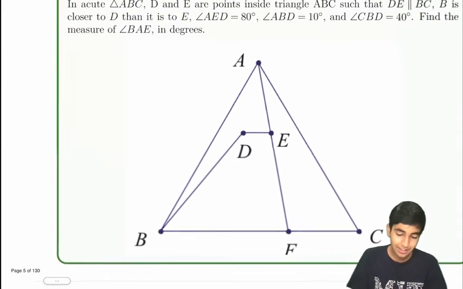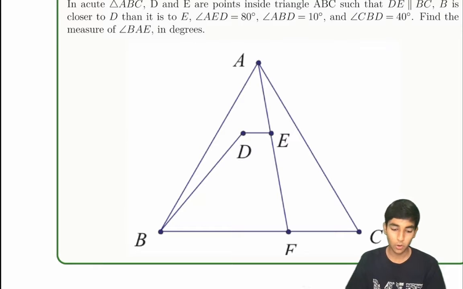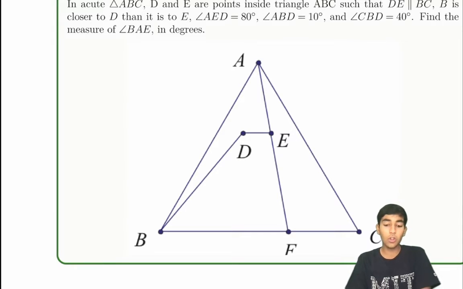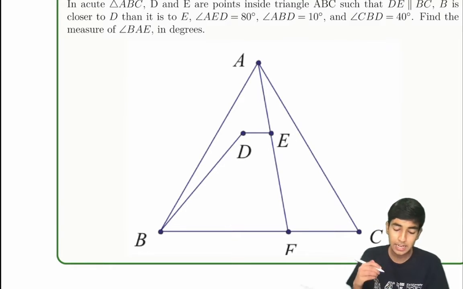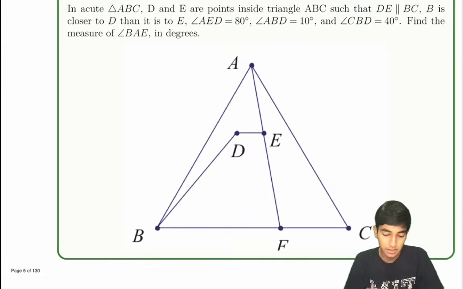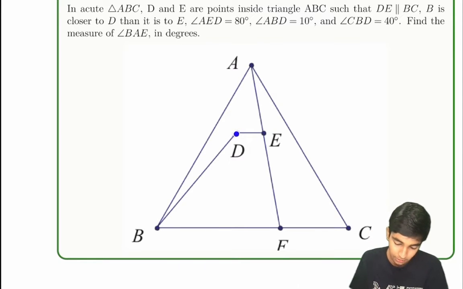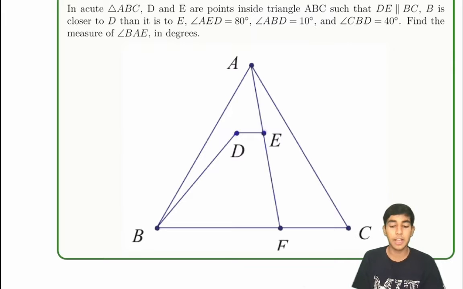Okay, let's try a slightly more interesting example. Over here, in acute triangle ABC, D and E are points inside triangle ABC such that DE is parallel to BC. B is closer to D than it is to E. So it's just saying that D is on the left side, E is on the right side in this diagram.